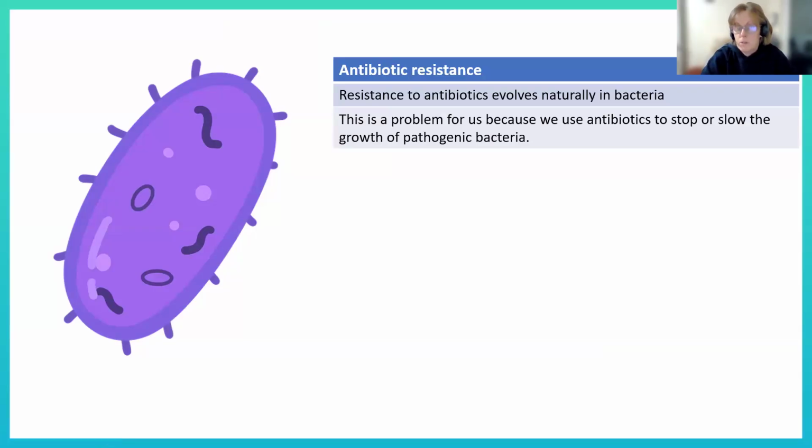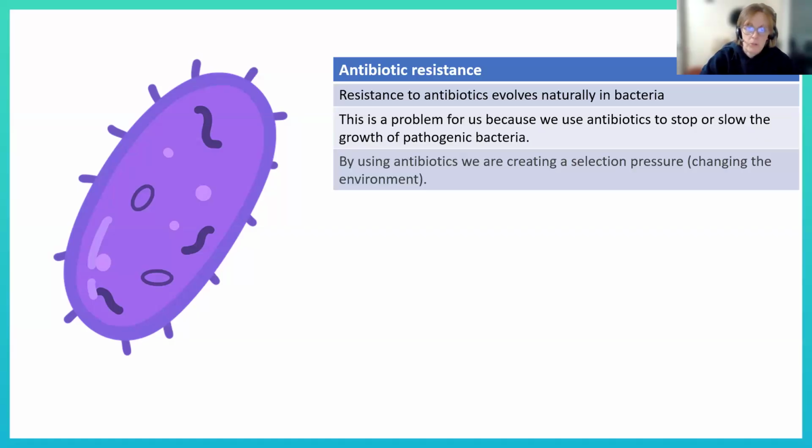So random bacteria that they just bump into in the hospital lab, they can share these bits of DNA. And these bits of DNA contain antibiotic resistance genes. And that's a problem for us because we use antibiotics to stop and slow the growth of bacteria.